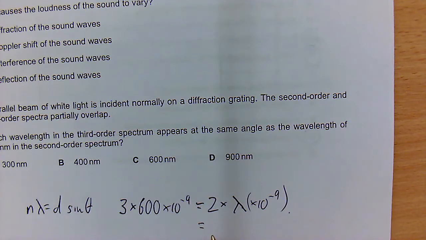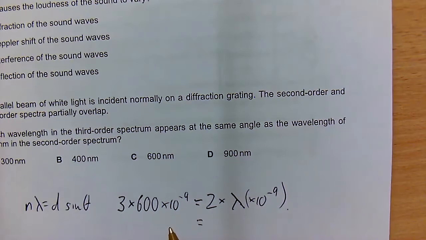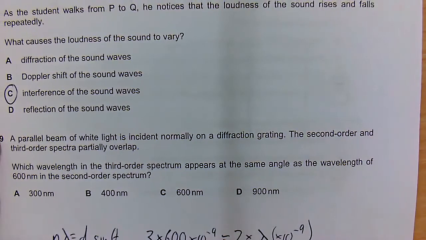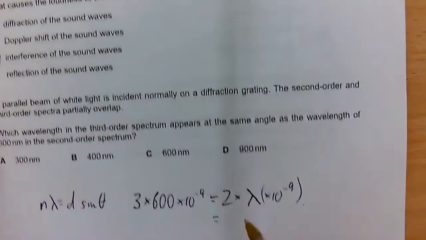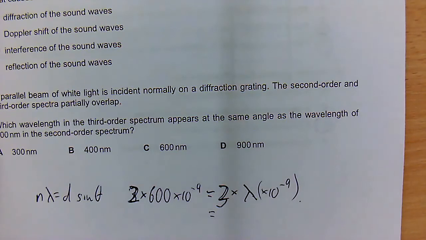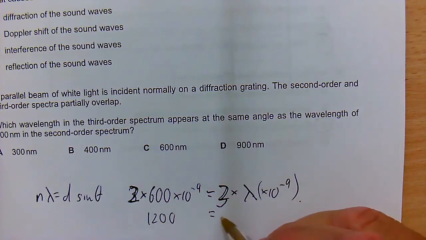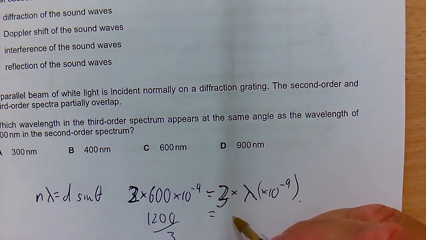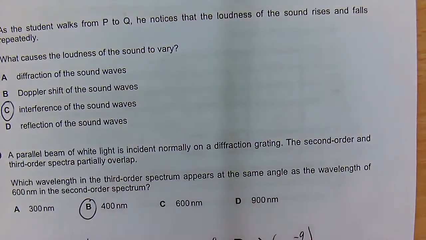Let me think. No, I've got that wrong, haven't I? Have I misread the question? Which wavelength in the third order spectrum? So that's n equal to 3, and that's 2. That's why it's a bit strange. So 2 times 600 is 1,200, divided by 3 gives you 400 nanometers, B.